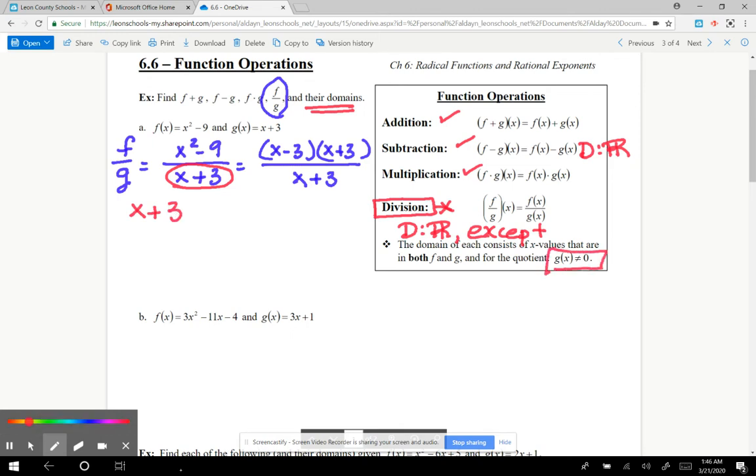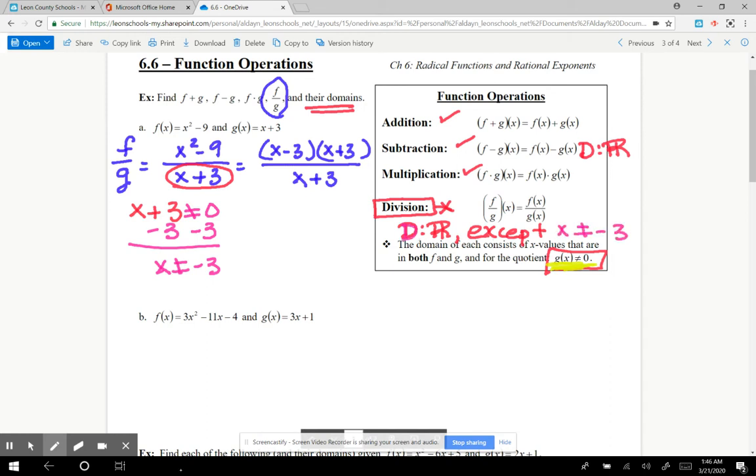Let me show you where I'm at over here in yellow. G of x cannot be equal to 0, so x plus 3 cannot be equal to 0. You subtract 3 from both sides, and you get that x cannot be negative 3. So with your domain, it's all real numbers except x cannot be negative 3.